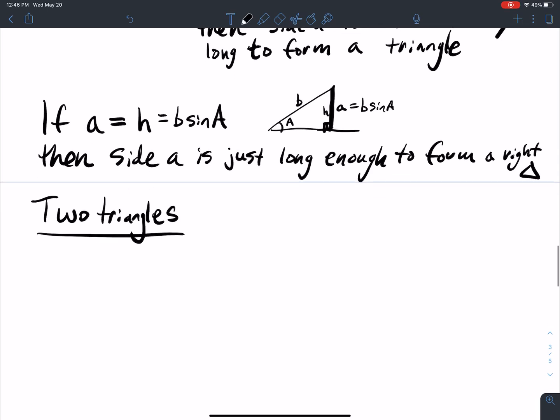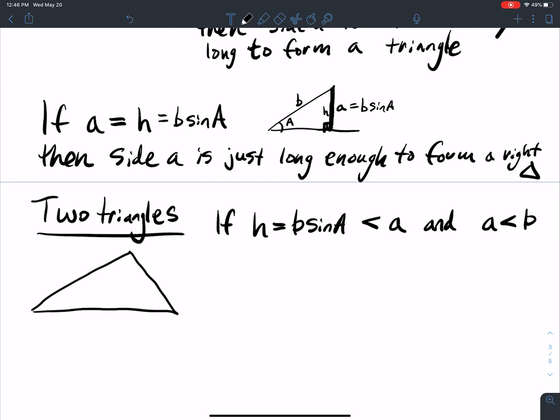This would be if H, which is B times the sine of A, is less than A, and A is less than B. So what does this picture look like? This is angle A, this is B here, and it's longer than this A here. Then you can make two separate triangles.